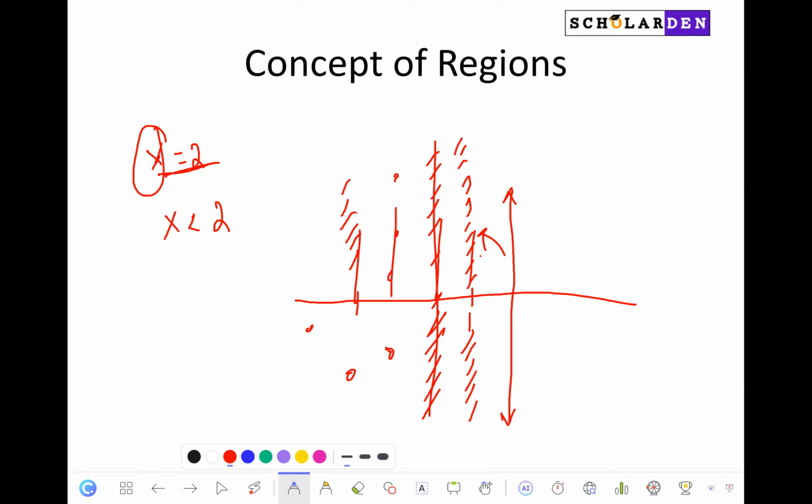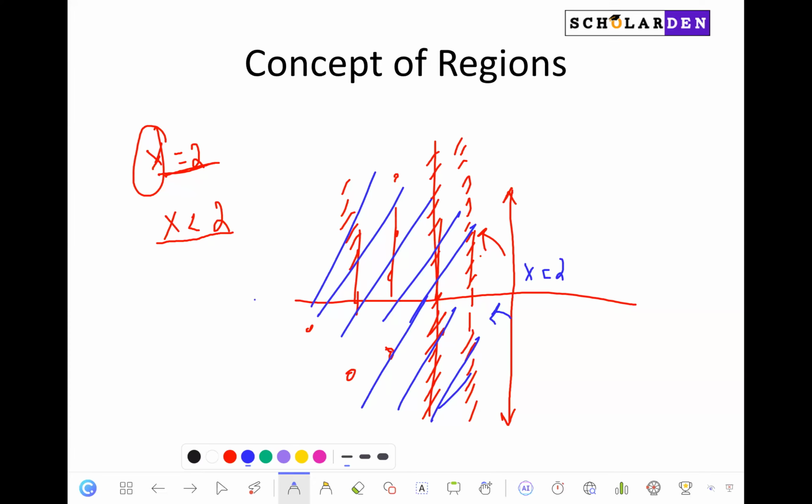So instead of talking in terms of points or lines, we talk about regions. The region that satisfies this expression is the set of all points that lie to the left of this line, x is equal to 2. So this is the region that corresponds to x less than 2.